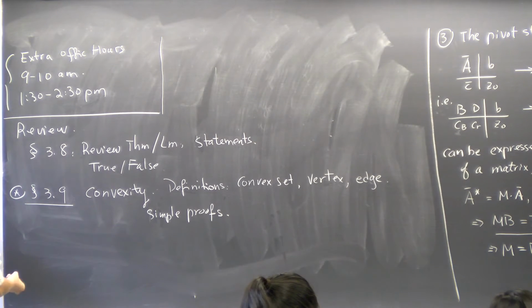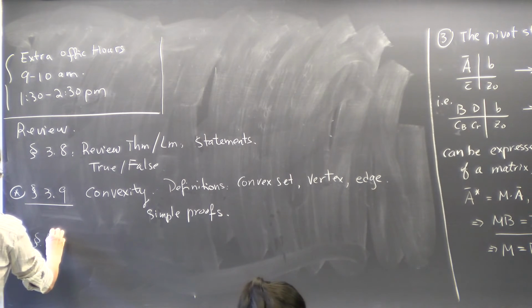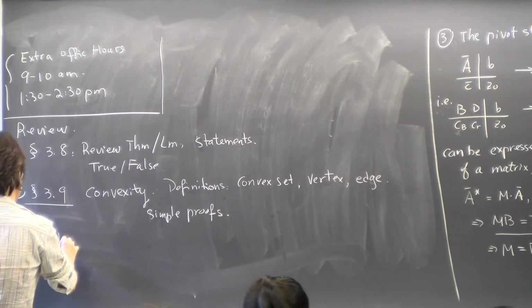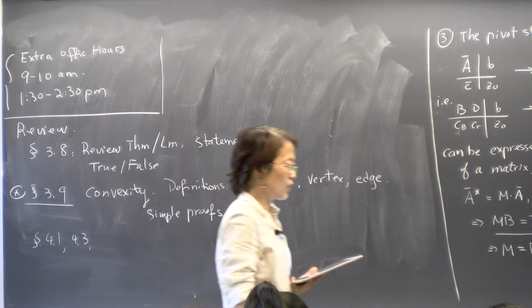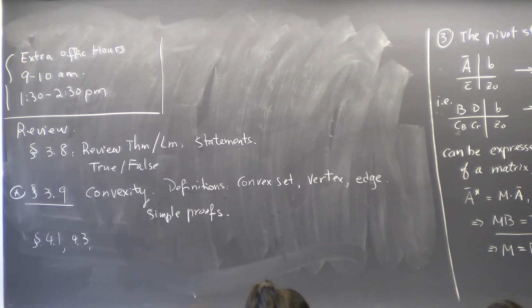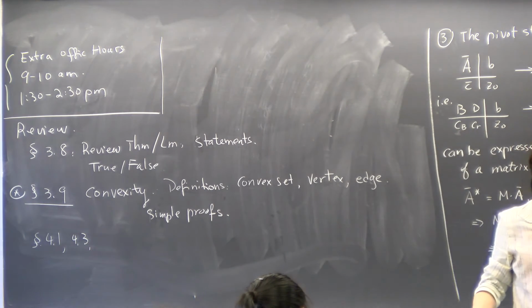Okay. That's that. And then I want to say a few things about these two chapters, 4.3 and 4.1. That one is the introduction to the dual problem. The other is more interpretations of the dual in real life situations. So imagine you were me.